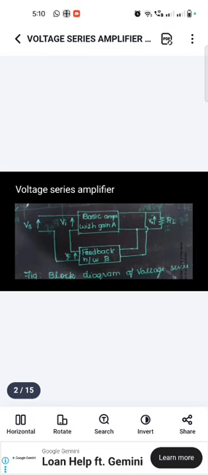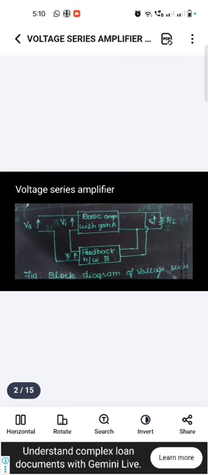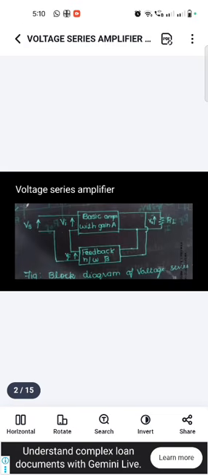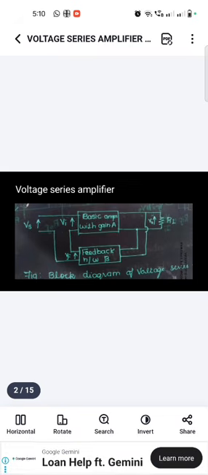Using the sampling network, we connect the feedback, and again it will mix with the mixing network. In that mixing network, the source as well as the feedback will be mixed, which is given to the input of the amplifier again and again. So see the diagram, the pictorial representation of the voltage series amplifier.